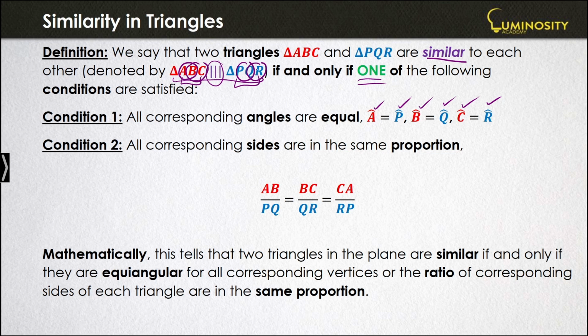Mathematically, this tells us that two triangles in the plane are similar if and only if they are equiangular for all corresponding vertices, or the ratios of the corresponding sides of each triangle are in the same proportion. We just need to show condition 1 or condition 2 is true. If we show condition 1, it automatically implies condition 2 is also true, and if you show condition 2 only, it automatically implies condition 1. So you only need to prove one of the two conditions.